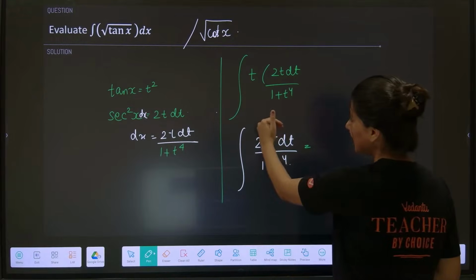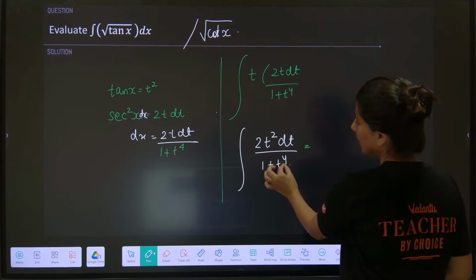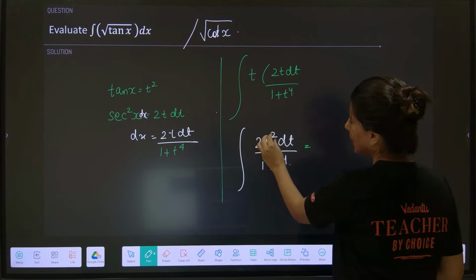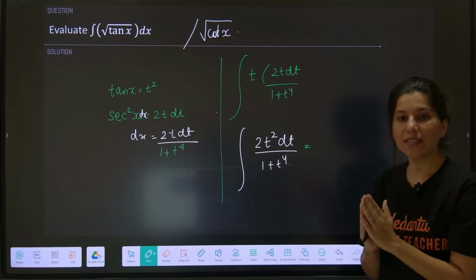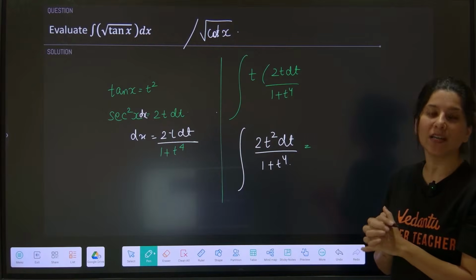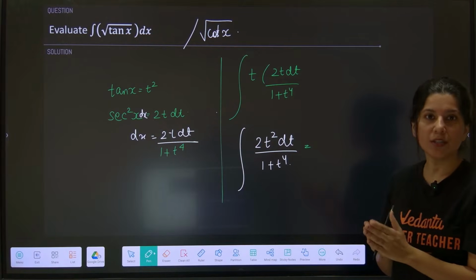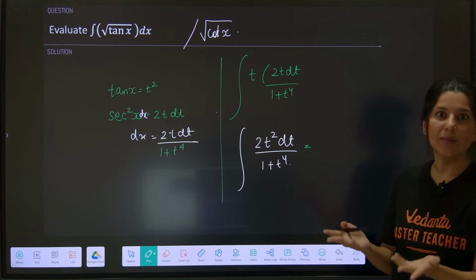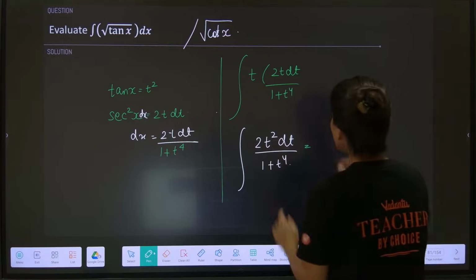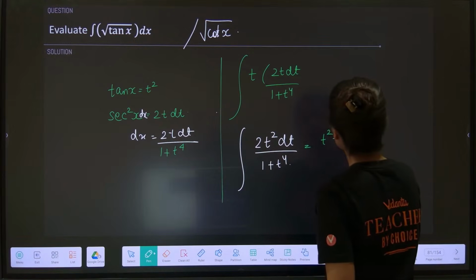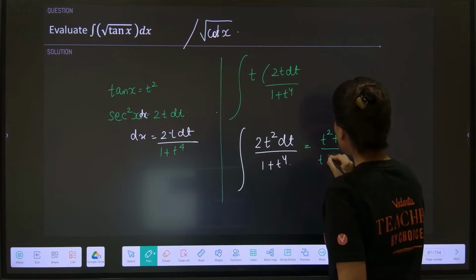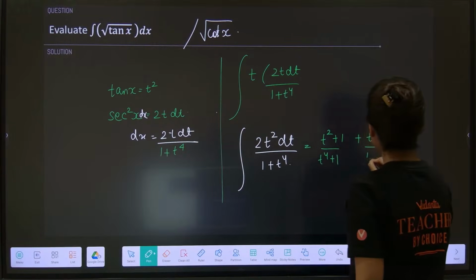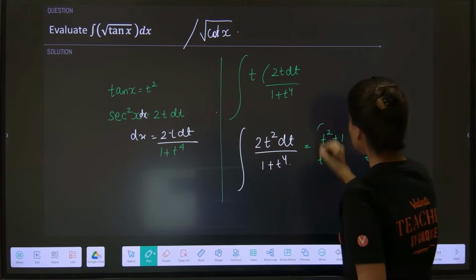Whenever you see t square upon t power 4 plus something, the denominator is correct, but the numerator is not there, because the numerator should be either x square plus 1 or x square minus 1. So we'll create both. Now this is t square plus 1 plus t square minus 1, and this is t power 4 plus 1, t power 4 plus 1.